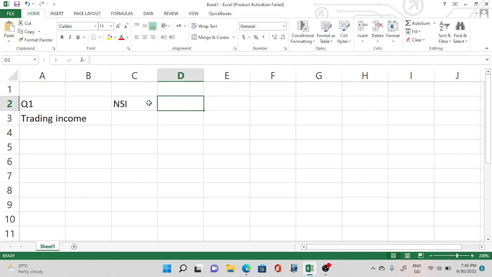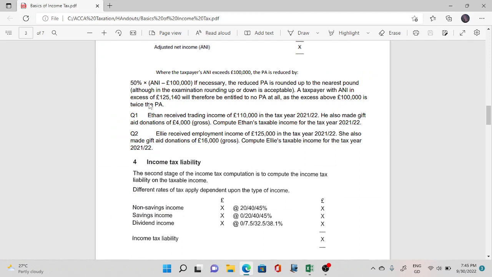We have three types of income: non-savings income, savings income, and dividends. Then total up here. So currently we have trading income of 110,000. The next information is he made gift aid donations of 4,000.